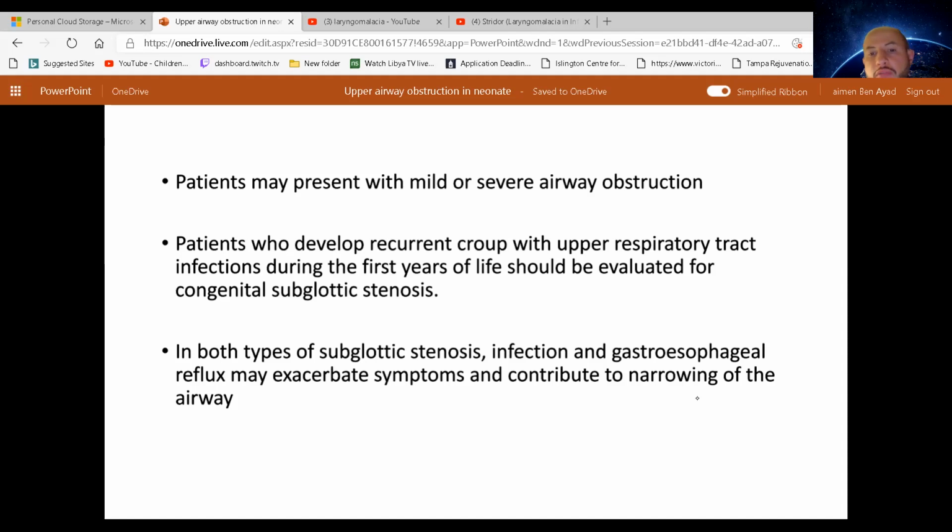Especially in the first year of life, you should evaluate for subglottic stenosis, congenital type. So when you have a child with recurrent croup, one of the considerations is to evaluate for subglottic stenosis, congenital type. Okay.